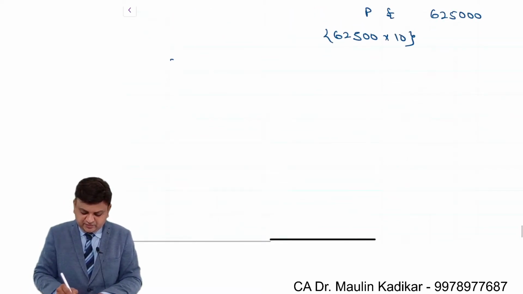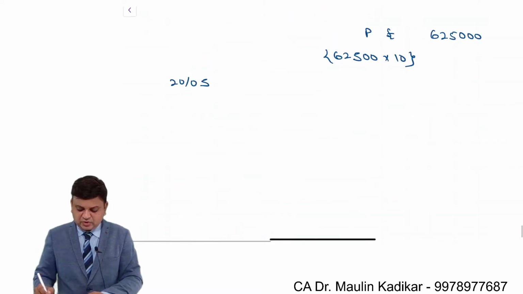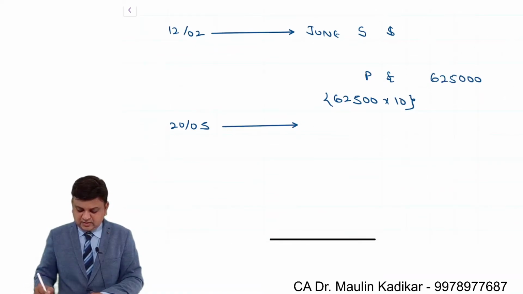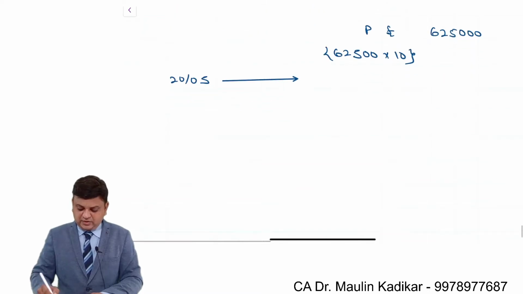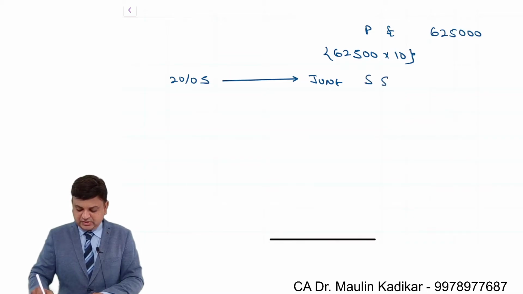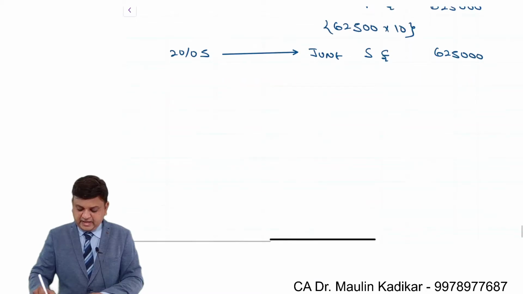Now on 20th of May, you are required to square off this contract. How do you square off the contract? You will square off the contract by entering into a simple reverse of the original futures contract. So it is sell of pound 6,25,000 and purchase of dollar.